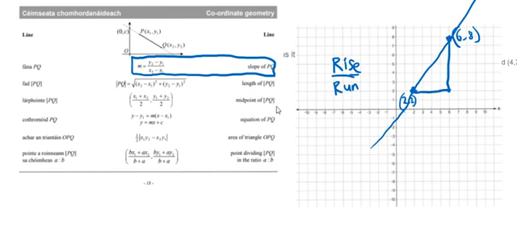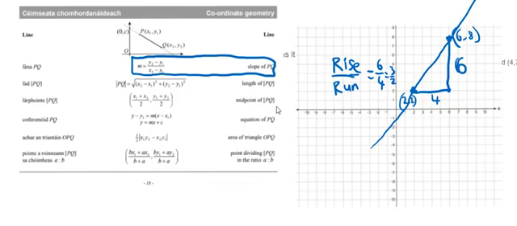So the rise is 6 boxes and the run is 4 because it's 4 boxes across. Therefore my rise over run here would be 6 over 4, and that's the same thing as 3 over 2 when I simplify the fraction. So my slope for that line is 3 over 2.